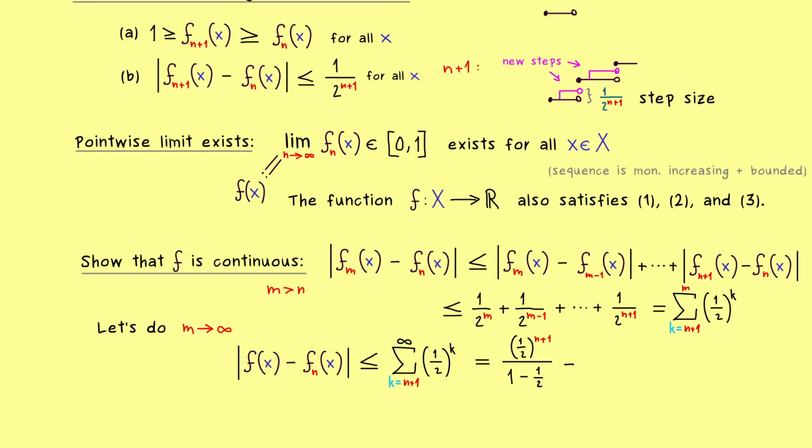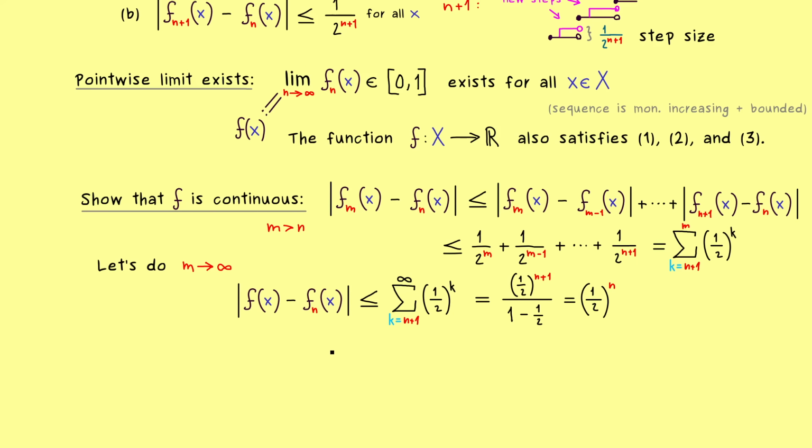And by putting that together we just get 1/2 to the power n. And this result we can use for the continuity because it tells us that the difference between f and f_n can be made as small as we want. And most importantly, this bound does not depend on the x we choose.